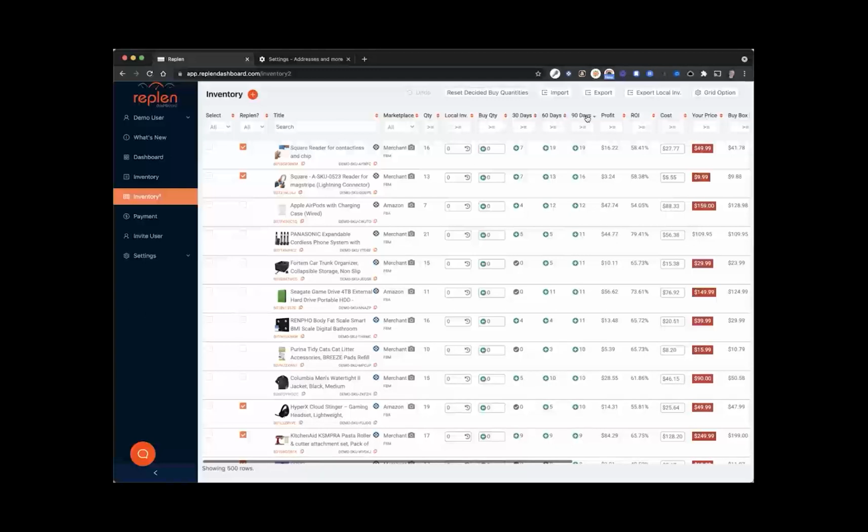So I need to buy more inventory. Maybe I'll buy 60 days of inventory because I know it's historically sold well, but I'm going to only send in 30 days. Because if you only buy 30 days of inventory, and then you go back to make a purchase 30 days later and they're out of stock, then you have nothing to send.